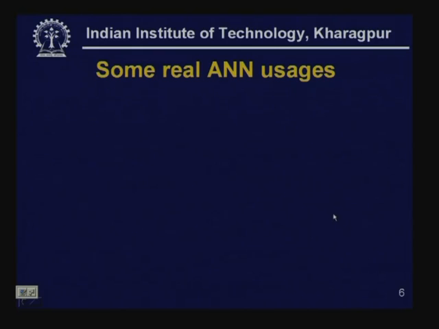So, just to give an introduction, let us look at some uses or applications of artificial neural networks, which we call ANN.